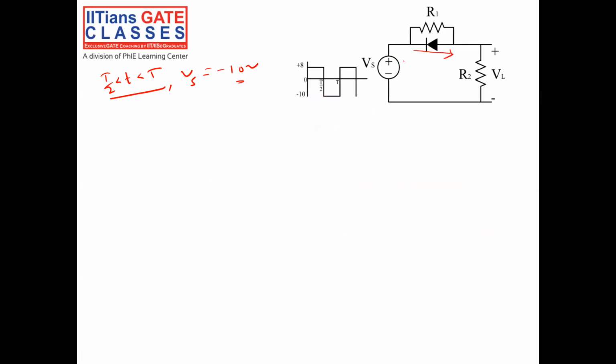So it will behave like a short circuit. If I plot the equivalent circuit, it is like a short circuit, so even if there is a resistance, it will not matter.